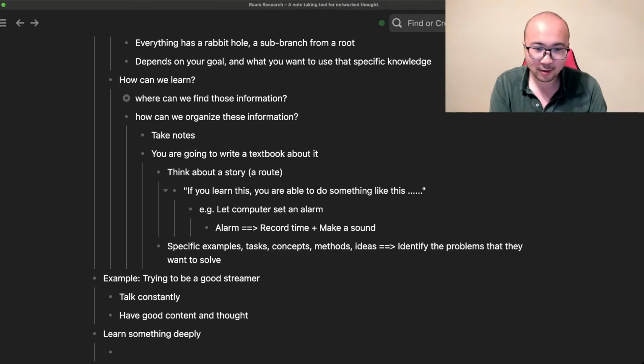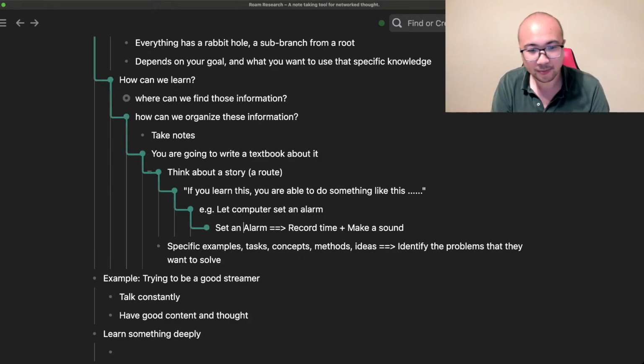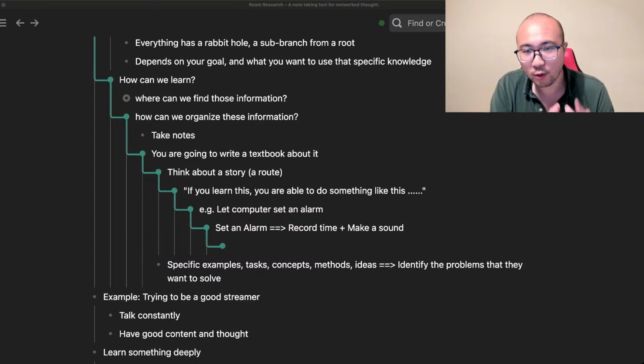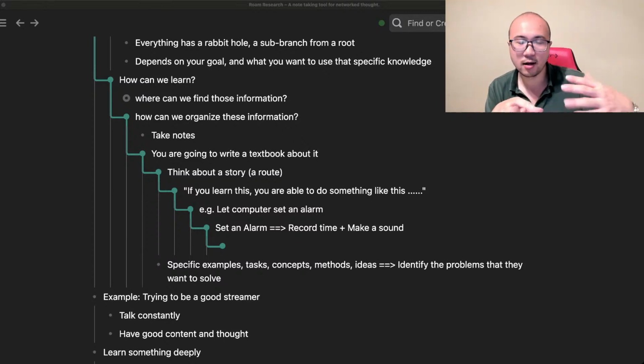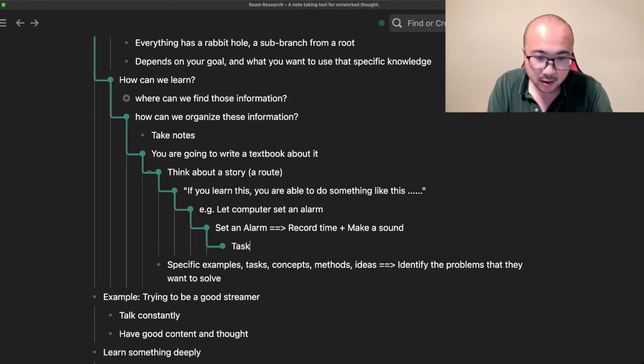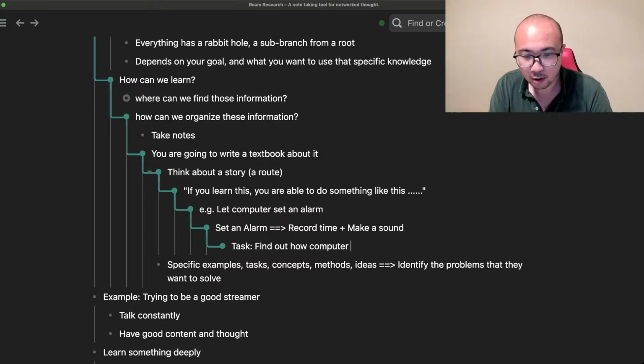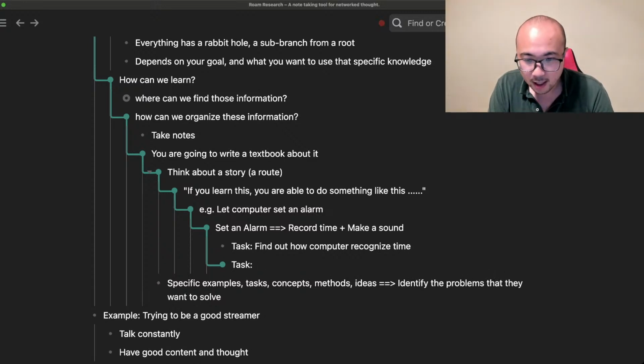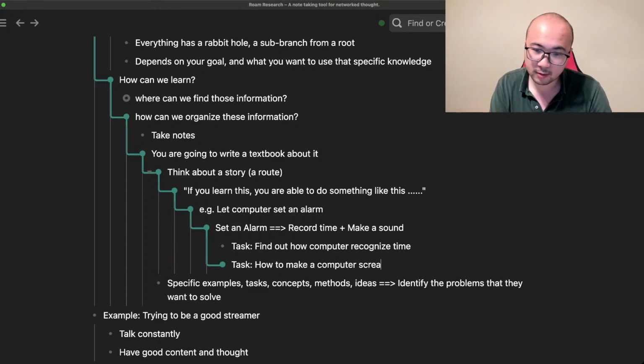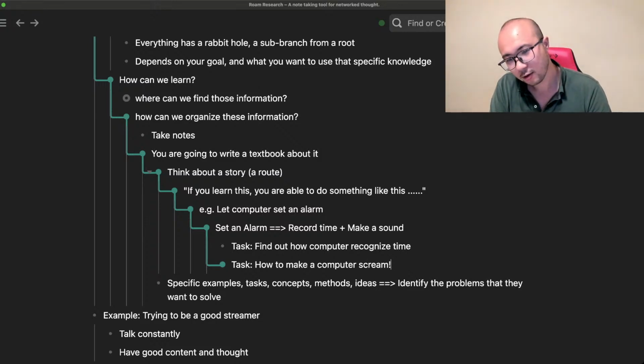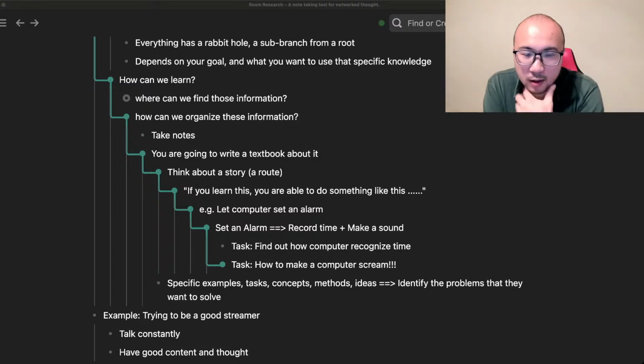Now we have kind of broken down setting an alarm in two ways. So our first task would be to find out how a computer recognizes time, and how to make a computer make sound.